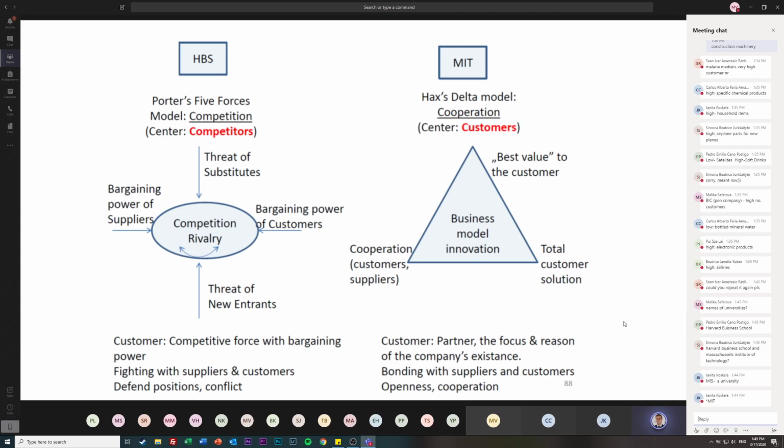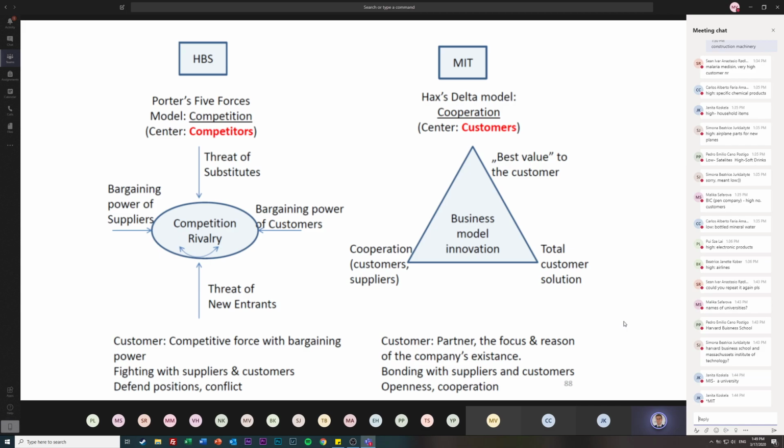To do the PESTO analysis, it's easy. To do the industrial analysis, you need more detailed information, but it still works quite well. But for the Hex Delta model, if you do it in a general way, you could use information from the internet about the company.